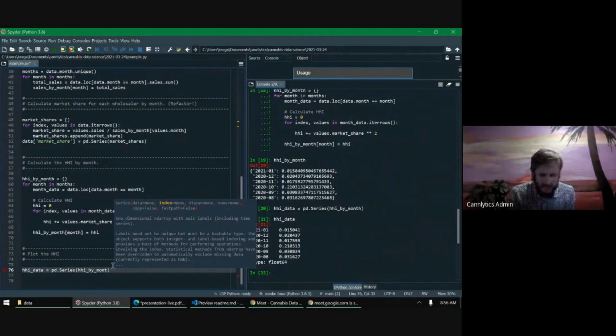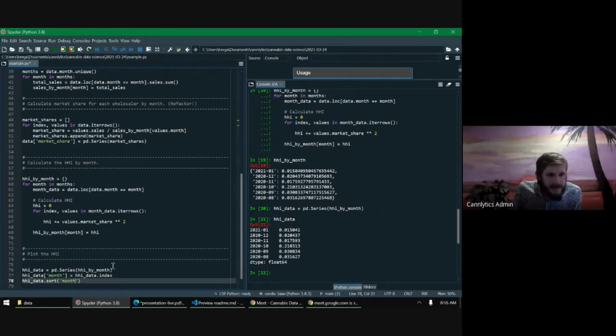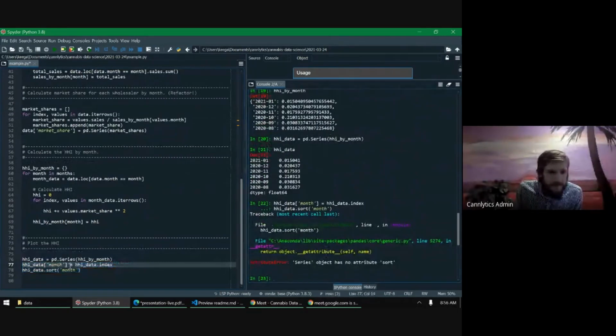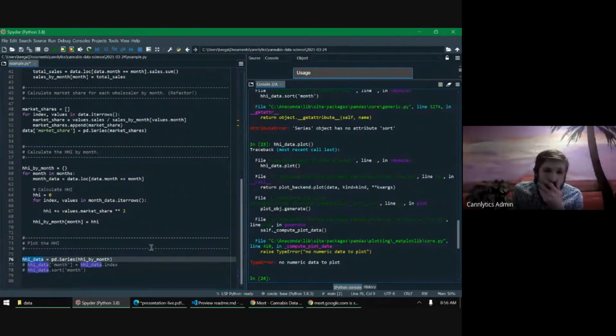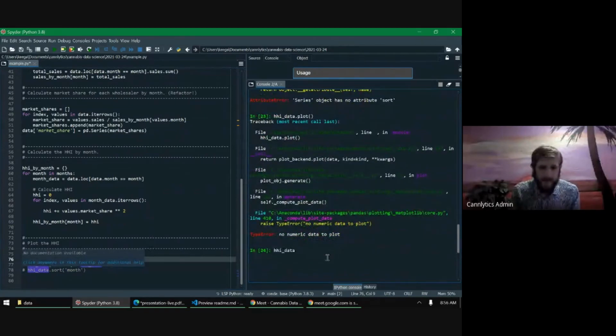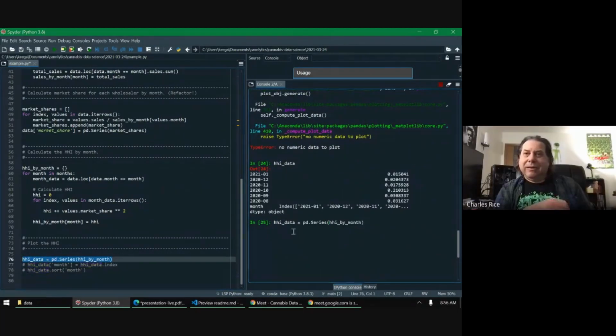Just wish I could sort this. Let's see if we can. Can't you do like a sort on index, like index.sort?